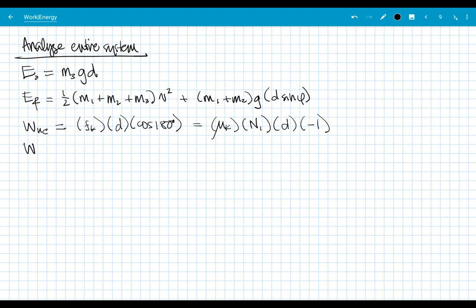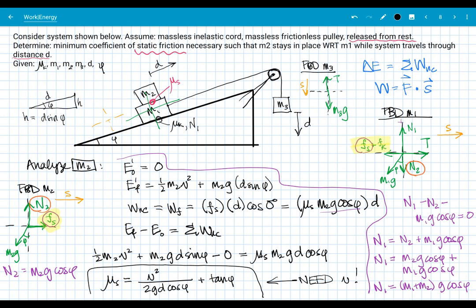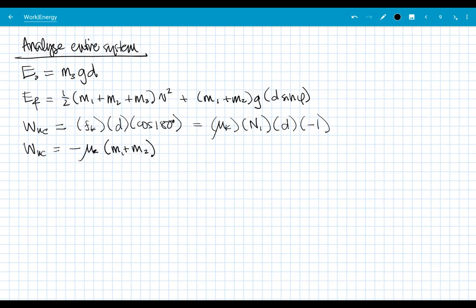So now we can write out this work in a form that's a little bit more useful for us. That'll be negative mu sub k, and then this is going to be (m1 plus m2) g cosine phi, and that's multiplied by d.